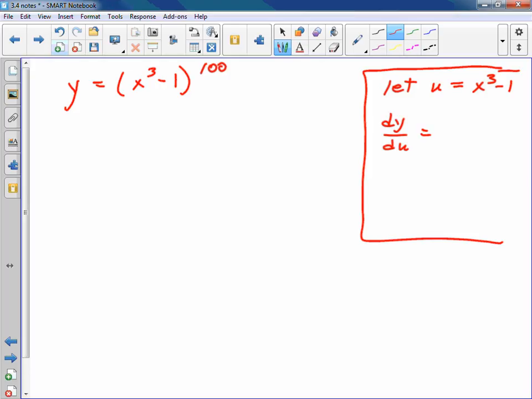Somebody other than Daniel, get involved. 3x, there you go. 3x squared, better. Okay, 3x squared using the power rule. So we got to use, really, the power rule twice in order to form a chain rule here. So let's do that.